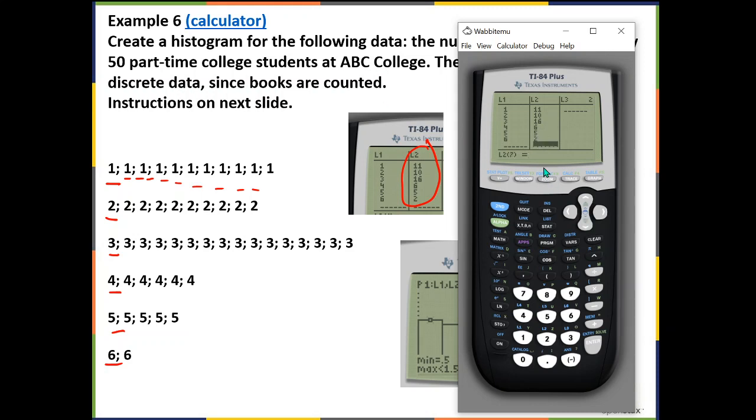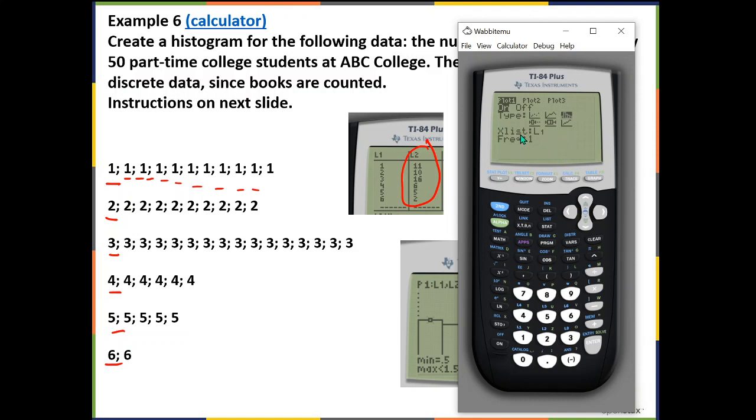All right. So now we have to tell the calculator how to graph it. Now, can you just use a calculator? Yes. If you go to second stat plot and then turn the first plot on, usually it's off, so you turn it on, and you pick histogram right there. You see that's histogram. Press enter.